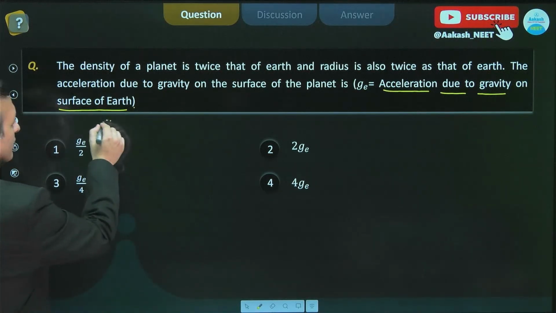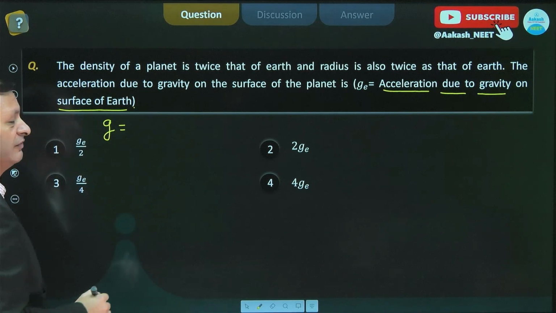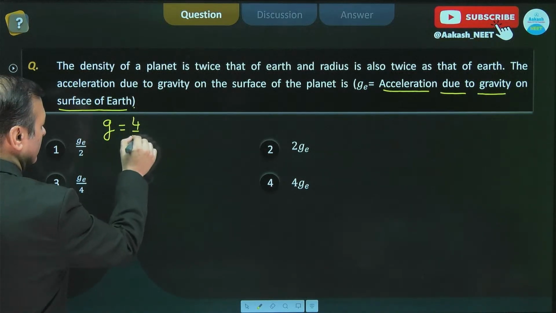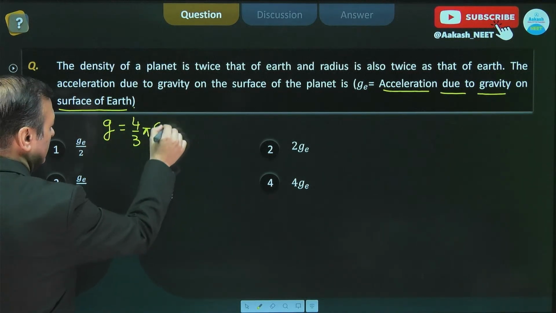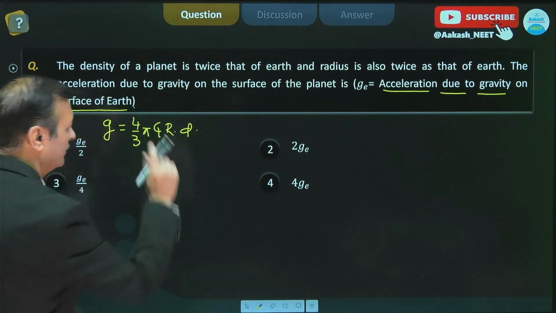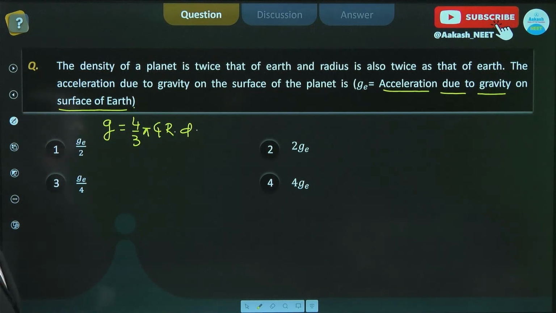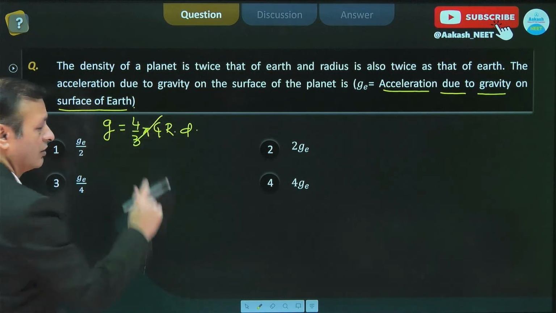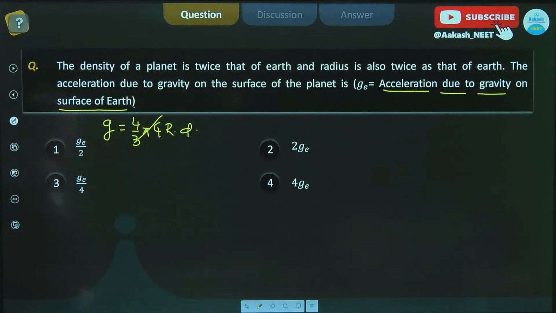So we have just obtained the value of g as 4 by 3 pi G R into density. So this is what we have just obtained as the expression. So this being constant or universally same for all, will not participate in this numerical.